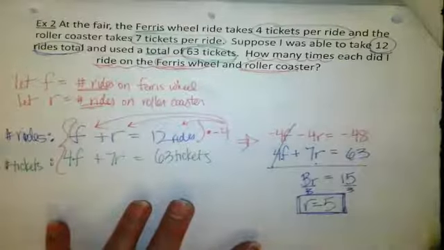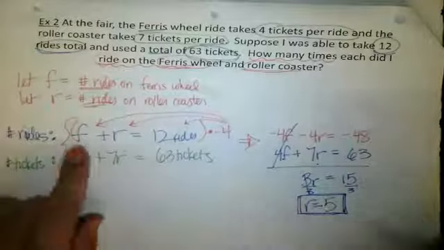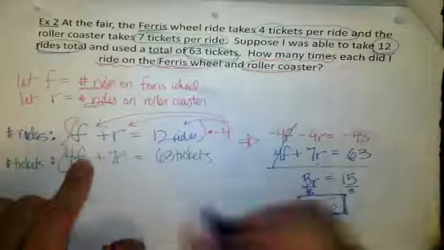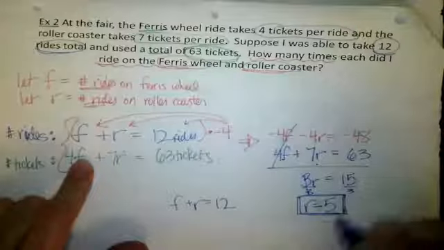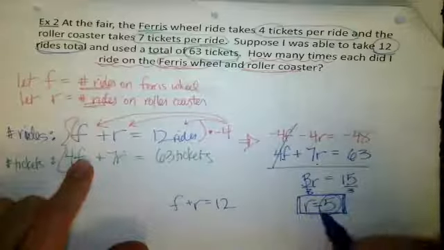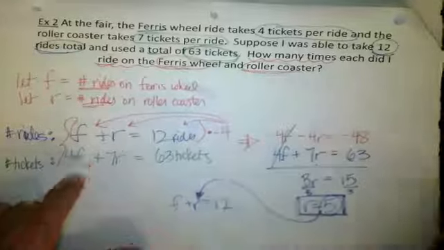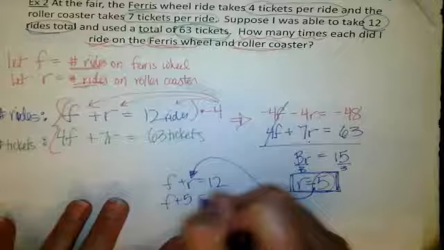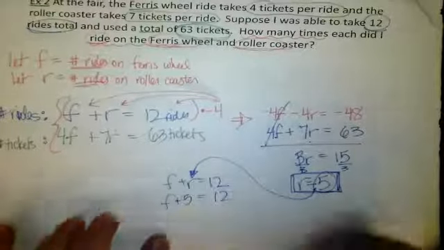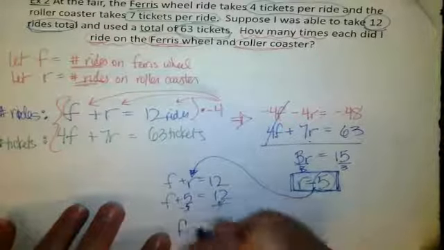And then what do we need to do? Plug it back in to one of our equations. And again, it doesn't matter which one you use. I'm going to take that 5 and plug it in for R. All right, so we've got F plus 5 equals 12. What's F? 7.